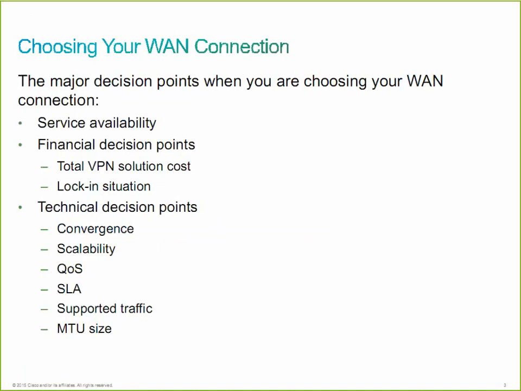When you're designing your WAN network, you have to check what services are available from your service provider first. Obviously, not every service provider is going to have all services available at every customer site.